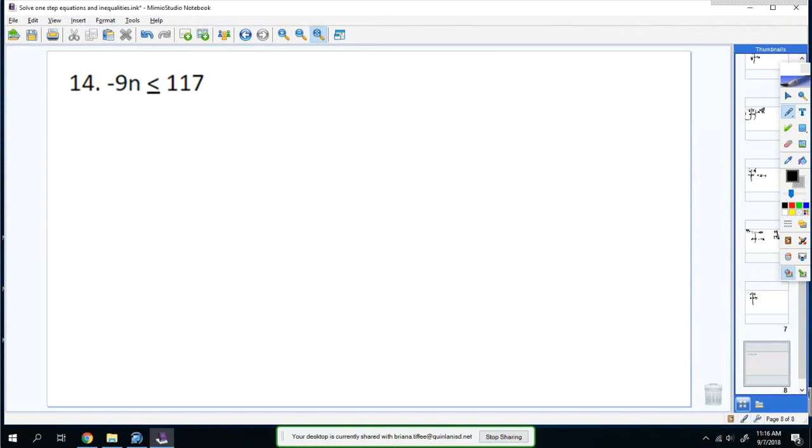Okay, negative 9 times n is less than or equal to 117. Draw your line, and you're going to look at the left side. That negative 9 is being multiplied to the n, so you're going to divide both sides by negative 9. So the n comes down.